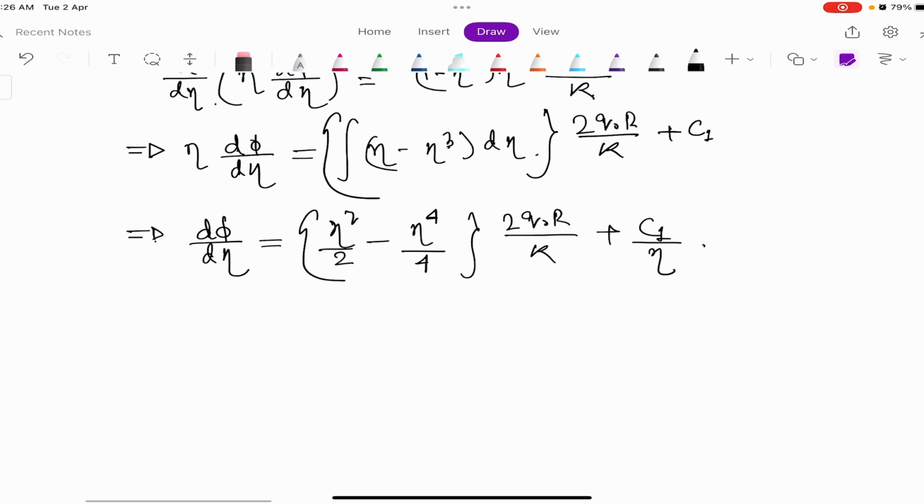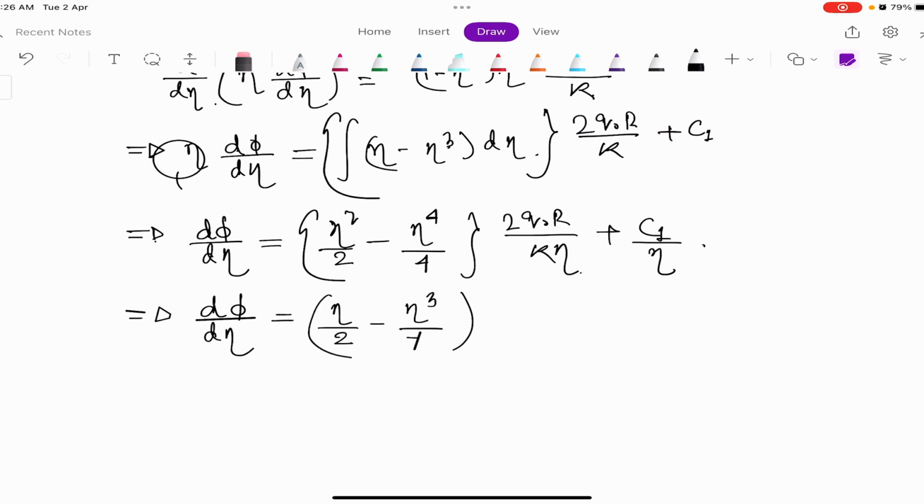We already have this, and here we also have a 1/η, because this η I have to take into the right hand side. So dφ/dη is equal to (η/2 − η³/4) into 2q₀R/k plus C1/η.